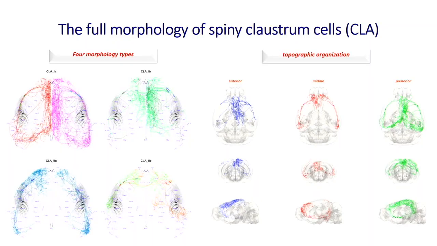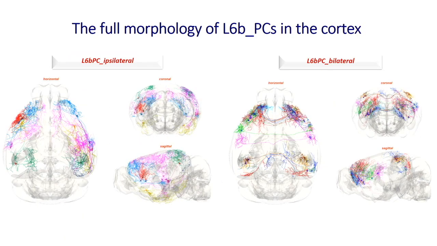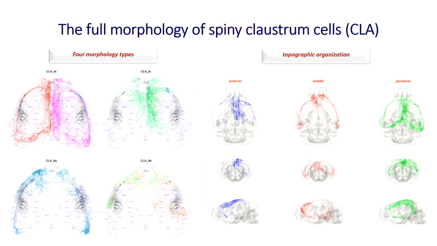By using the GMB4 transgenic mouse line, we carried out our first full morph project. In this transgenic line, two major populations were labeled. One is the spiny claustrum neuron, and the other is the layer 6 BPCs.